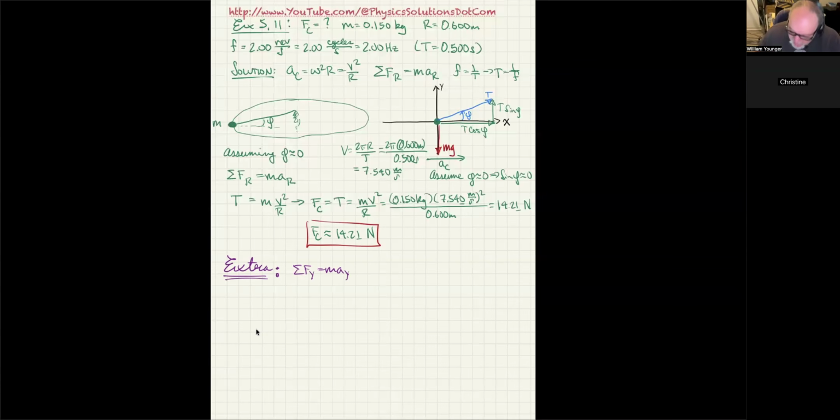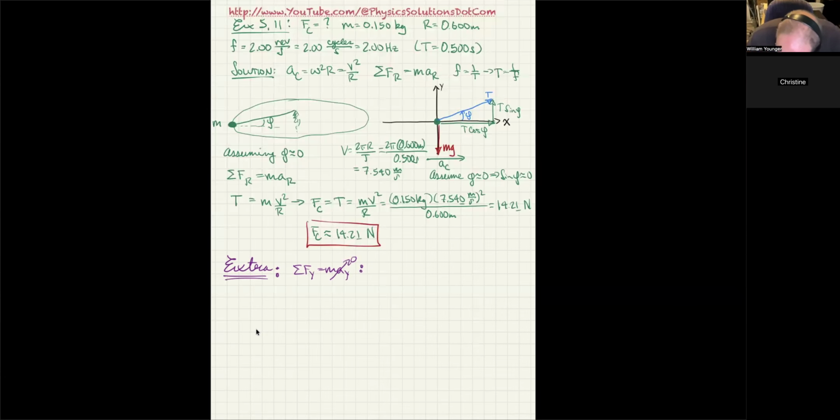But in this case, we have an object that's rotating or revolving around your hand. And in principle, if you've got it balanced right and you're spinning it at just the right rate, then the height of the ball isn't going to change. That means the y coordinate's not going to change, and therefore the acceleration in the y direction is equal to zero.